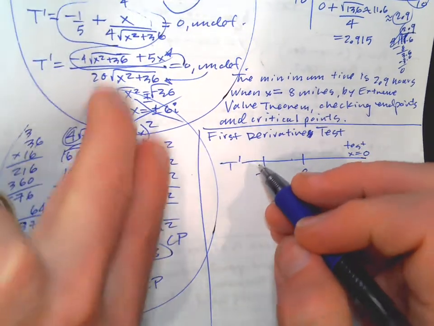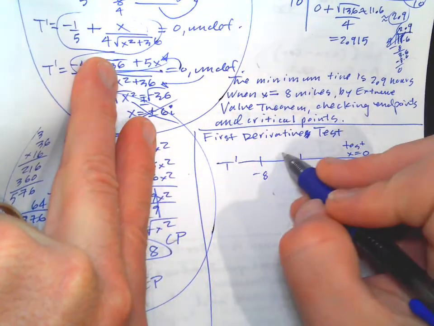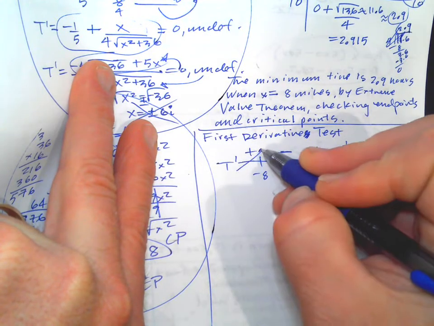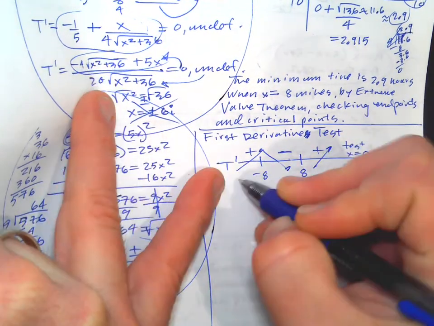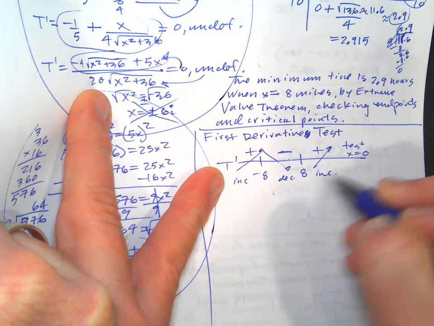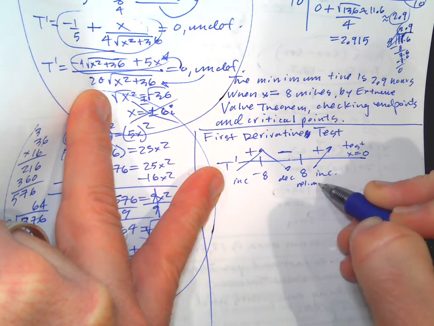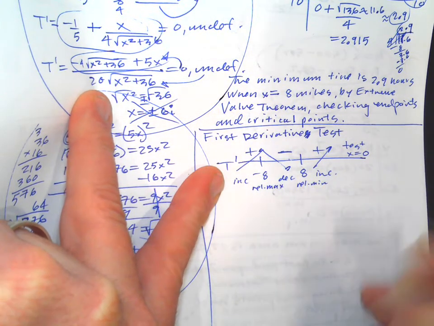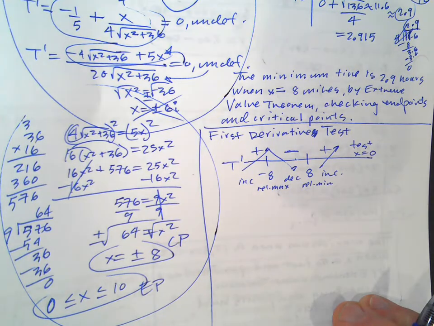T prime when x equals 0 is negative. So you'd say that's positive and that's positive. So it's increasing, decreasing, increasing. This is all stuff we have to do. This is a relative min, and this is a relative max.